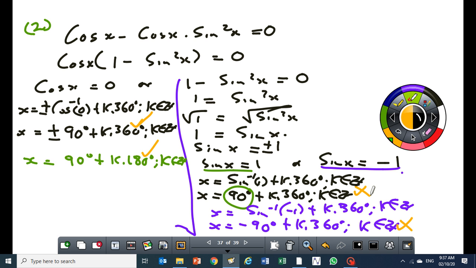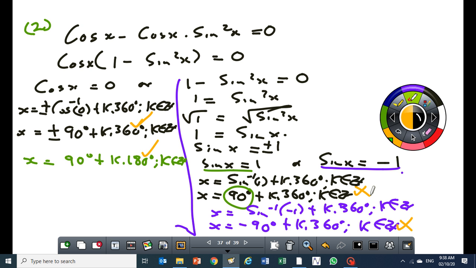So there are three general solutions. Two sets are equal, so we only take the first set, which will be plus or minus 90 plus k times 360 and 90 plus k times 180.